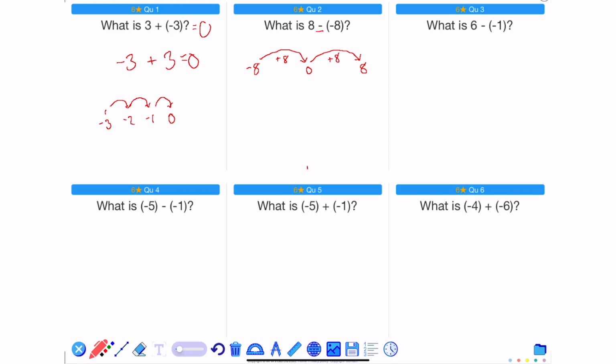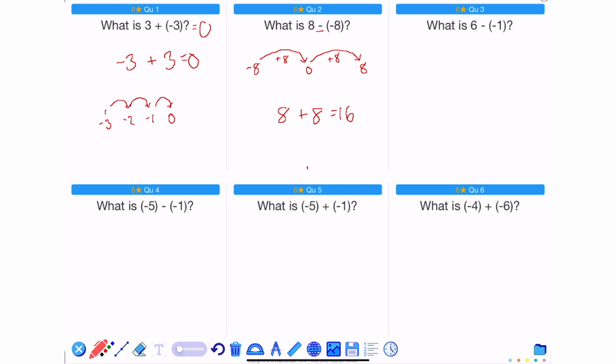Altogether, as you can see, I've counted up 16. So when I'm finding the difference between 8 and negative 8, it's the same as 8 add 8. 8 add 8 is 16.